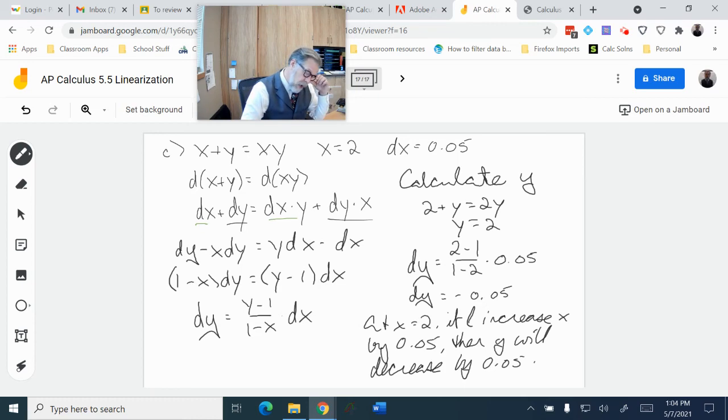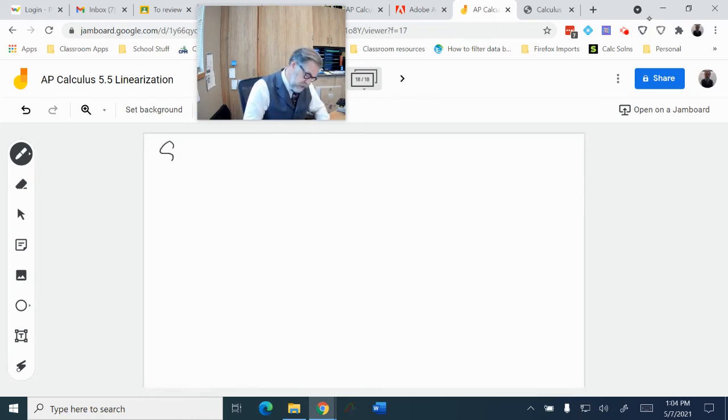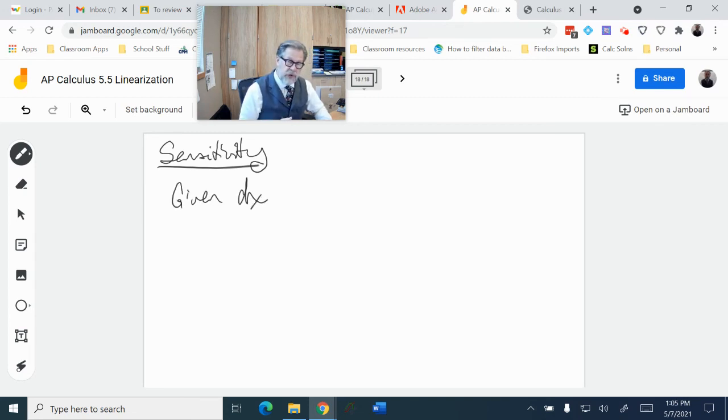So one other topic that's related to this is called sensitivity, and I'm actually not going to spend much time on sensitivity. But the question for sensitivity is, given some infinitesimal change in x, is the change in y big or small?